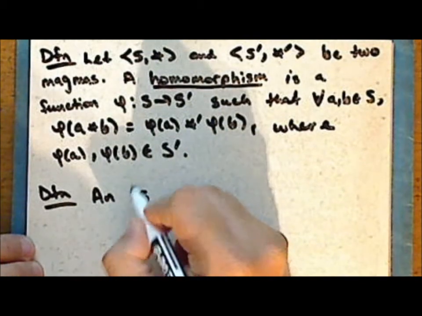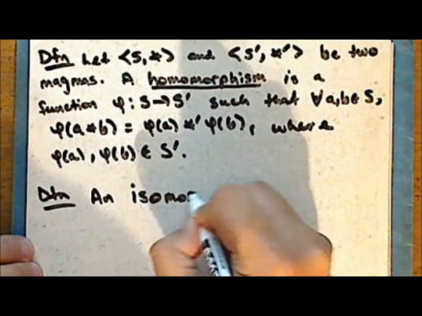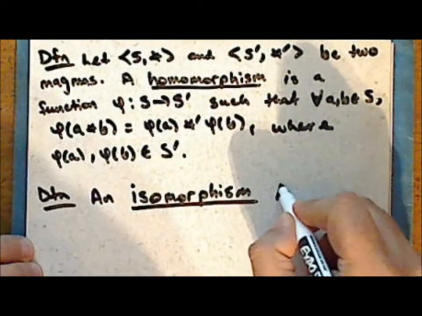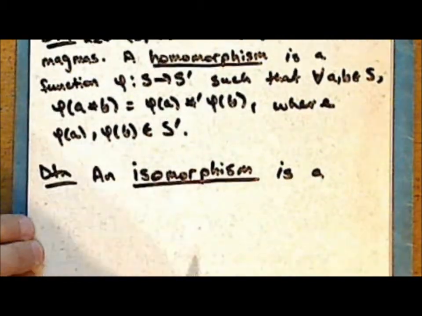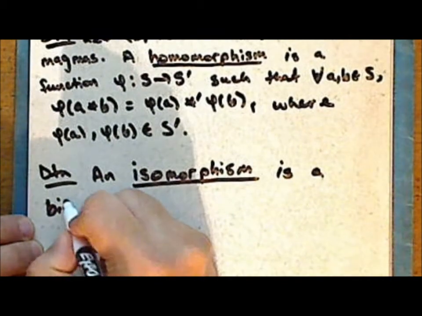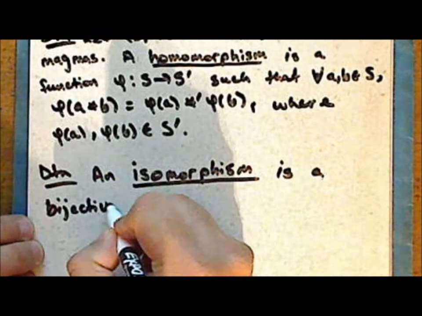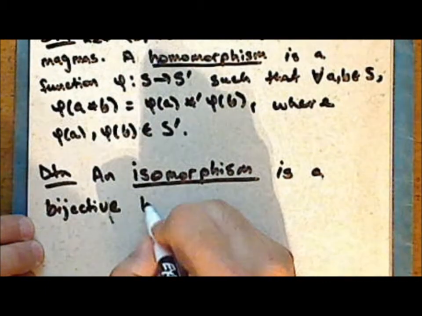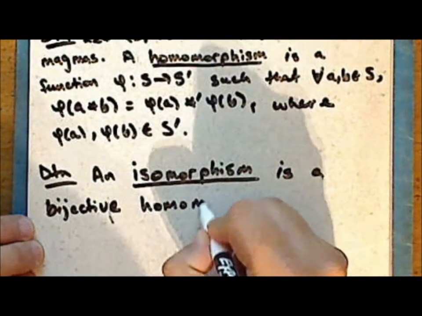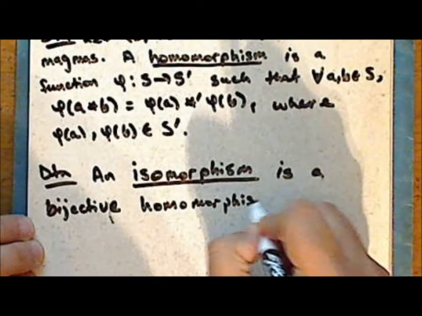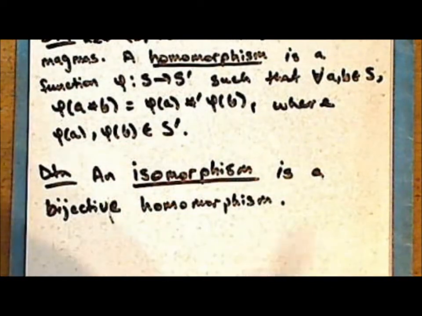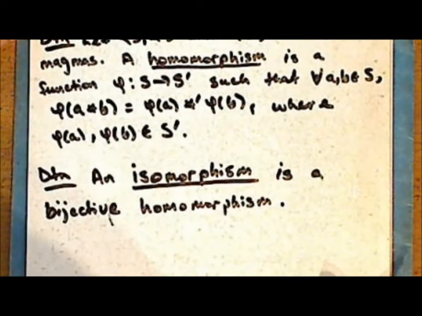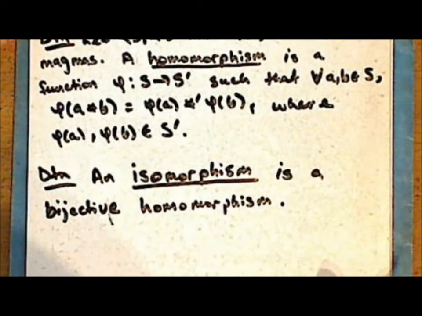An isomorphism is a bijective homomorphism. So given a homomorphism, if that function phi is also a bijection, then we call that function an isomorphism.